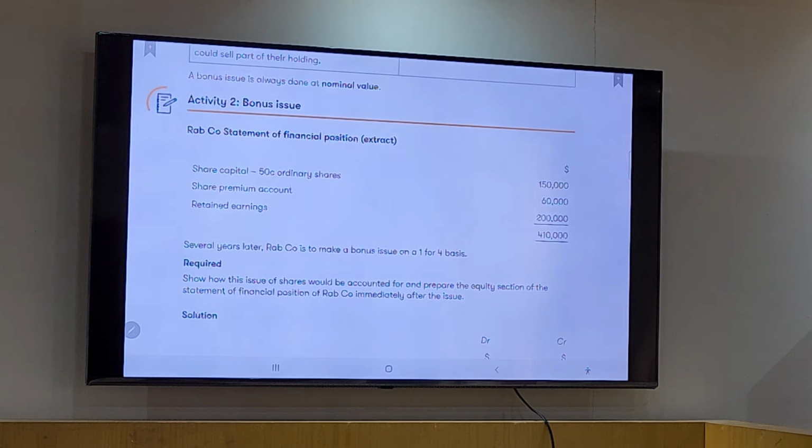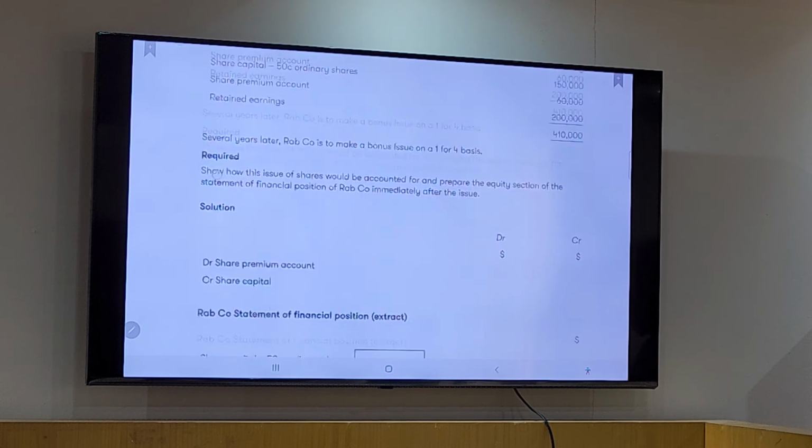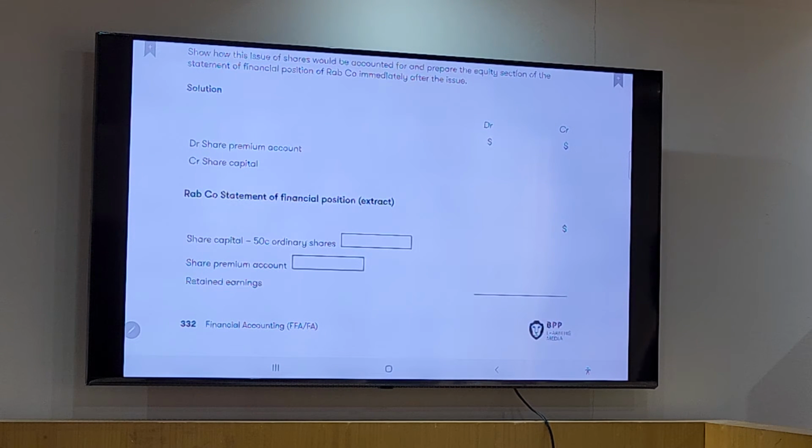The double entry they asked me. Yeah, that now. They are in the double entry. We will take the 37,500 credit.